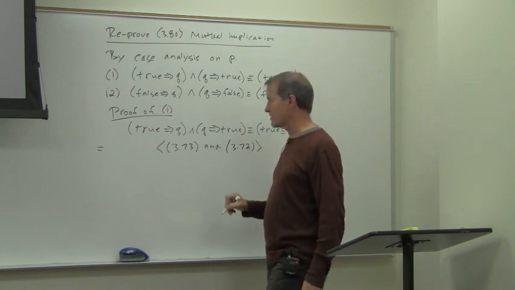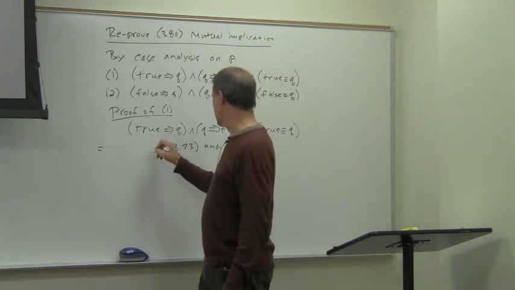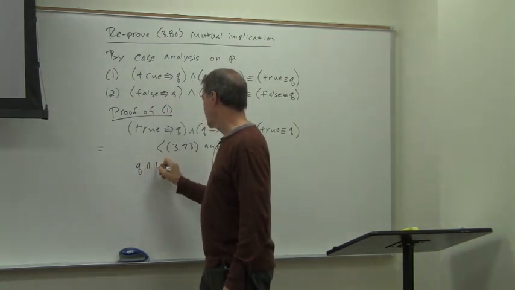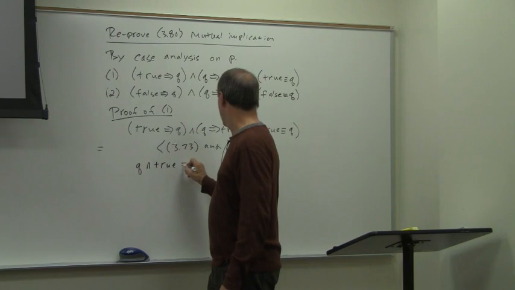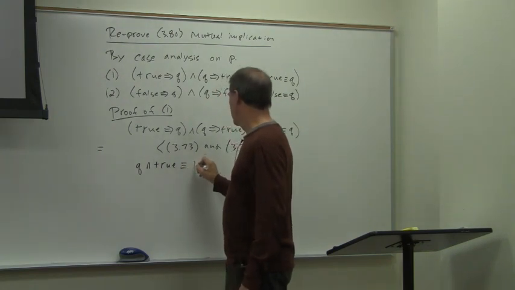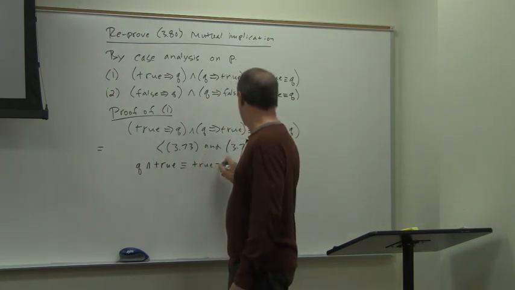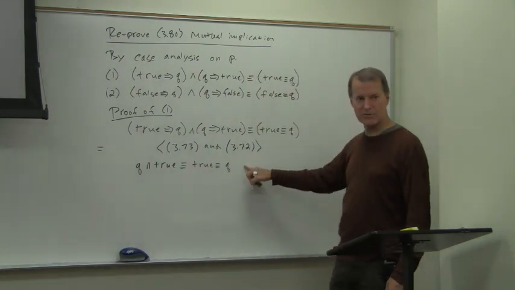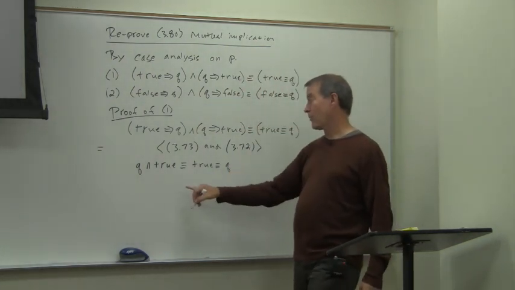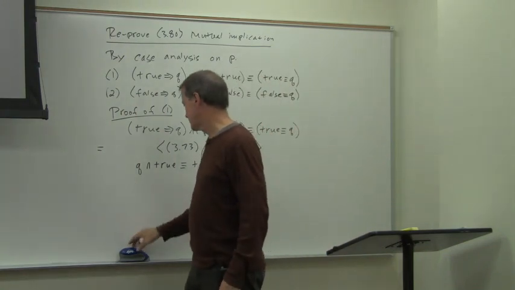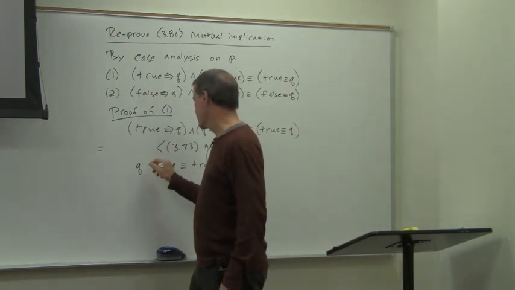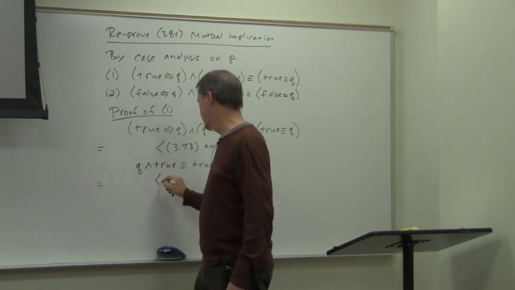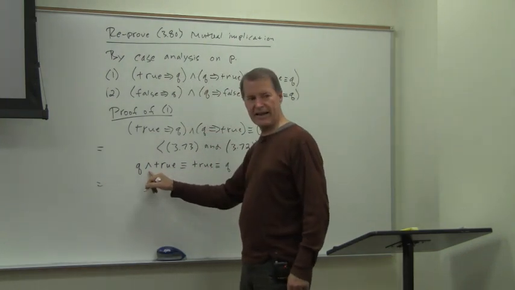And so this is what? Q and true equivales true equivales Q. And we did a remove unnecessary parentheses, right? But now what's Q and true? Q. Which one, identity of and?